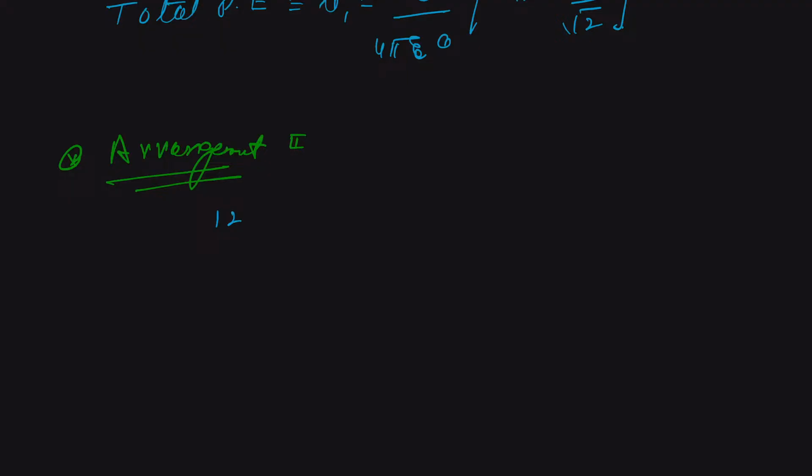So of the 12 edges, 6 are attraction, and attraction means opposite charges, and 6 are repulsion. Repulsion means like charges.